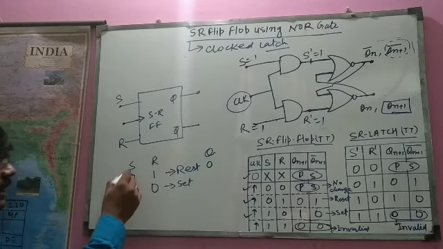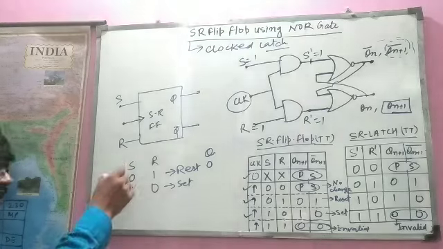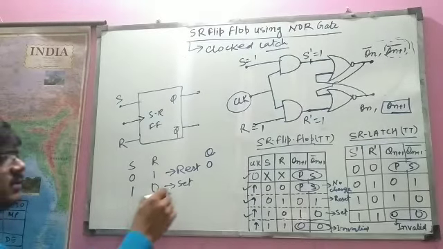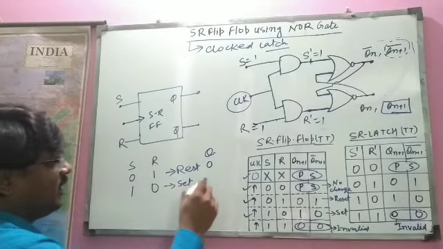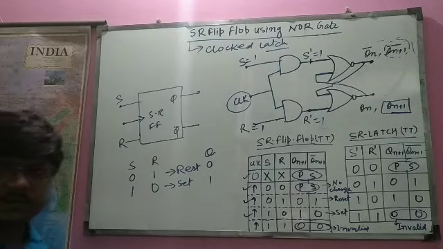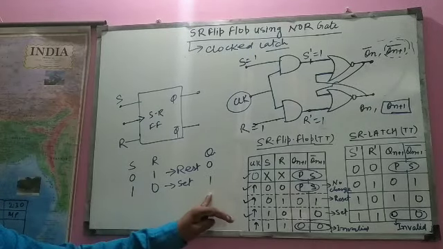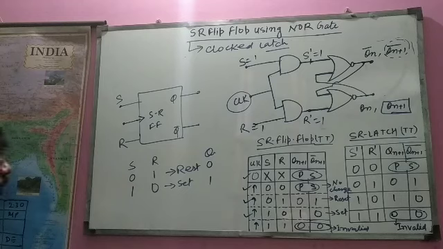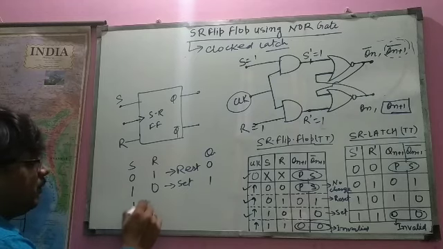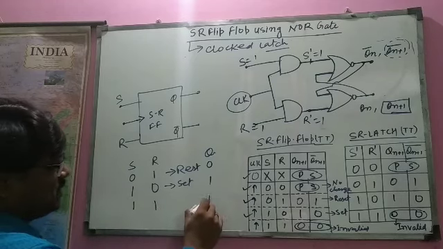Is S 1 or R 1? S is 1 means set is 1, so this is the condition of set, and when the condition is set, the output will be 1. And when this is 1 1, the output is invalid.